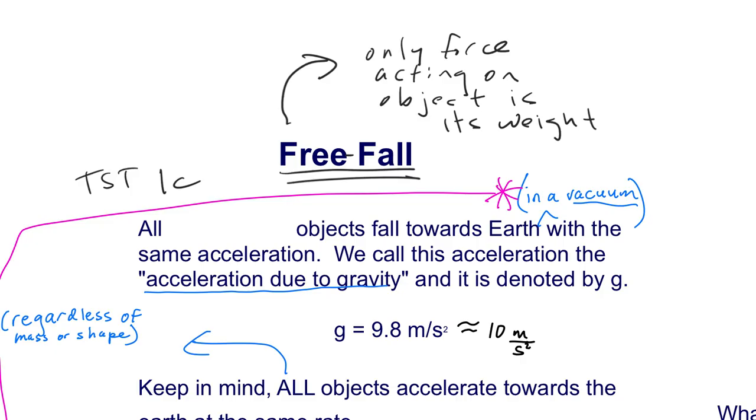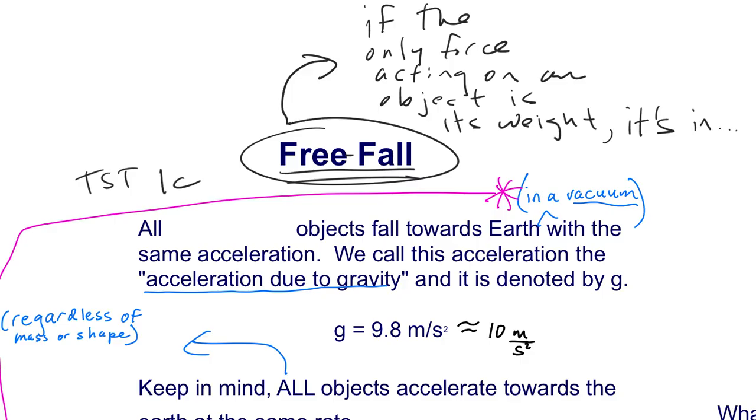So it's when an object's falling, with the only force acting on the object being its weight. So if the only force acting on an object is its weight, it's in free fall.